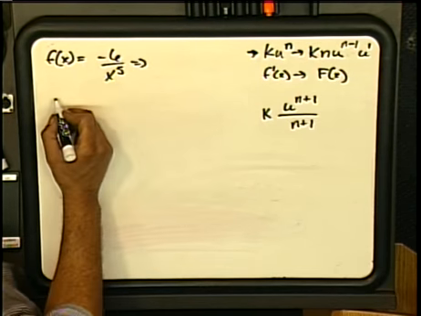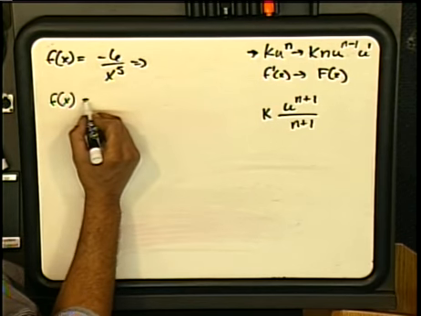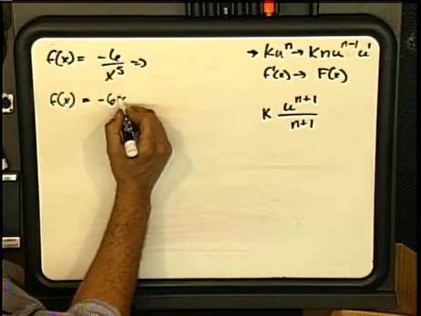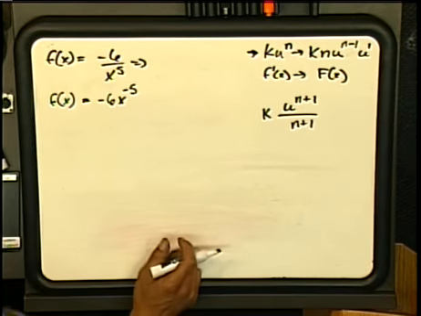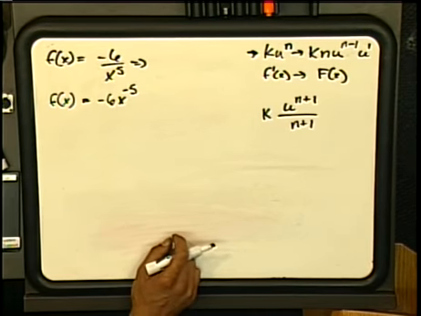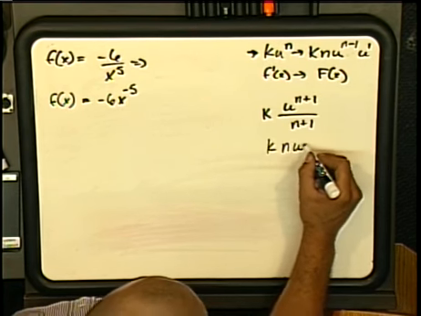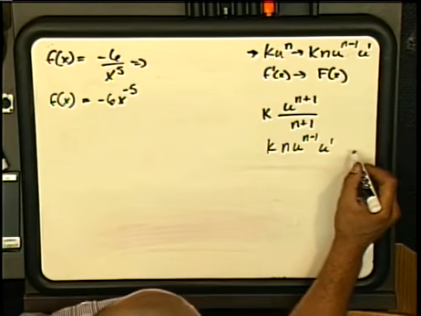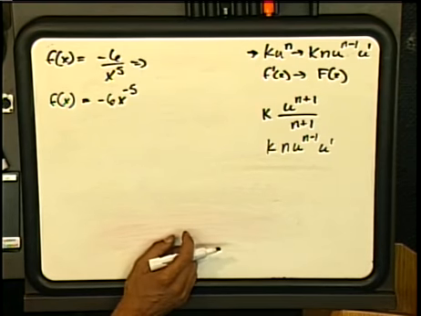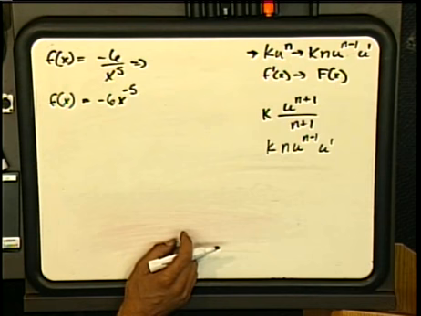So we can rewrite this as negative 6x to the negative fifth. And then we want to find the antiderivative.